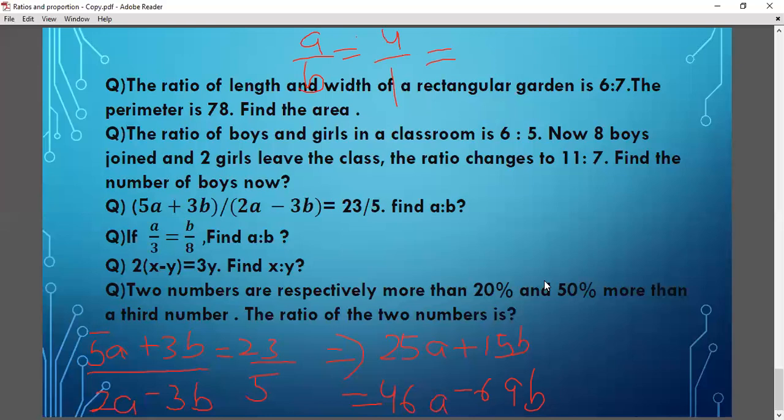So our ratio will be 4 is to 1. You can directly take 69 to the left hand side and take the 25 to the right hand side. Upon simplification, you will get a equals 4b. So simply the ratio of a over b will be 4 is to 1.